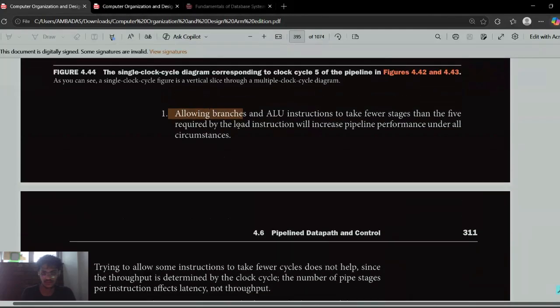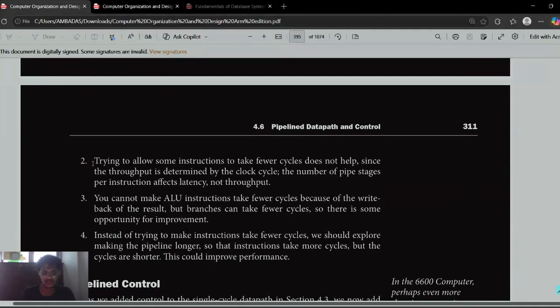The first statement: allowing branches and ALU instructions to take fewer stages than the five required by the load instruction will increase pipeline performance under all circumstances. The second: trying to allow some instruction to take fewer cycles does not help, since the throughput is determined by the clock cycle and the number of pipe stages per instruction affects latency, not throughput.